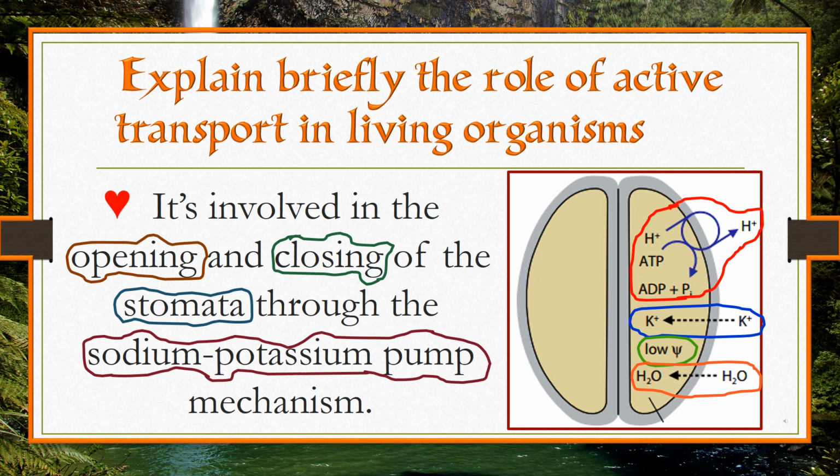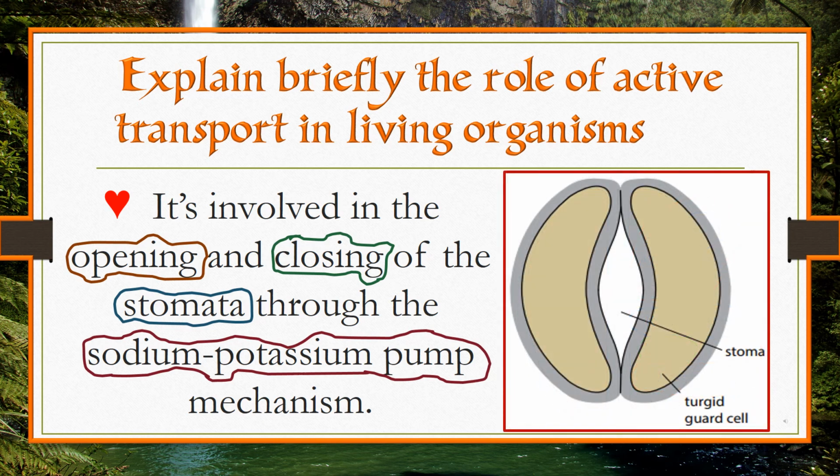So water will flow from the nearby cells entering into the guard cell. And as that continues happening, the guard cell is going to start enlarging and swelling. And as it swells, the guard cell will become turgid. And when it becomes turgid, the stoma will open.